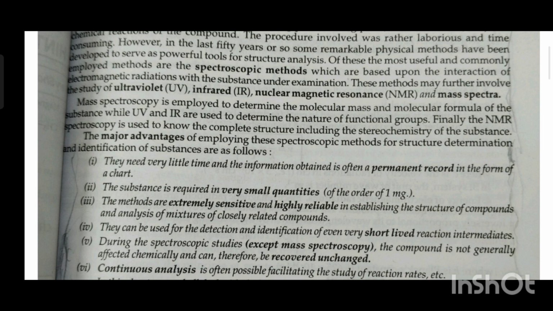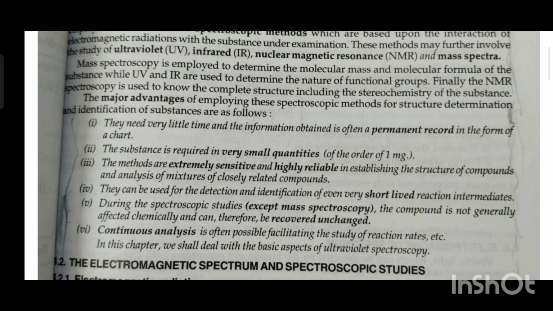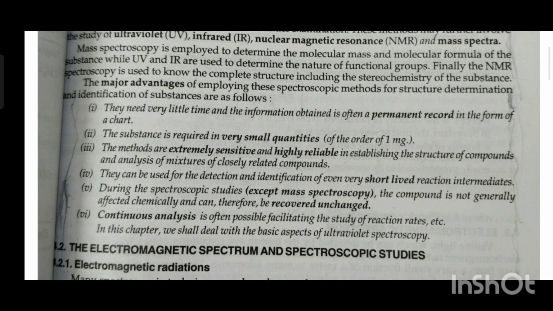Third, the methods are extremely sensitive and highly reliable in establishing the structure of a compound and in analysis of a mixture of closely related compounds. Fourth, they can be used for the detection and identification of even very short-lived reaction intermediates.